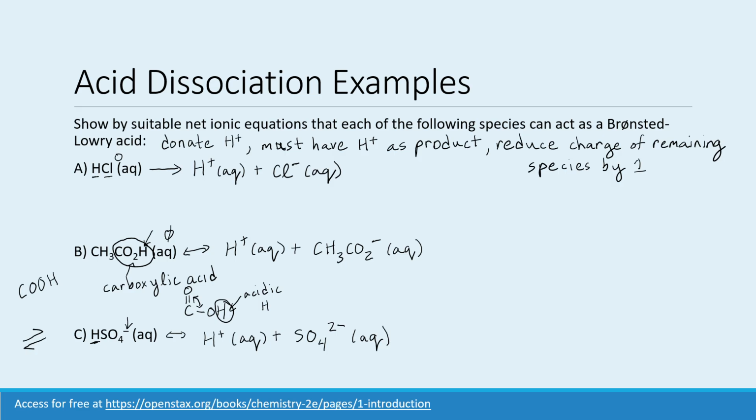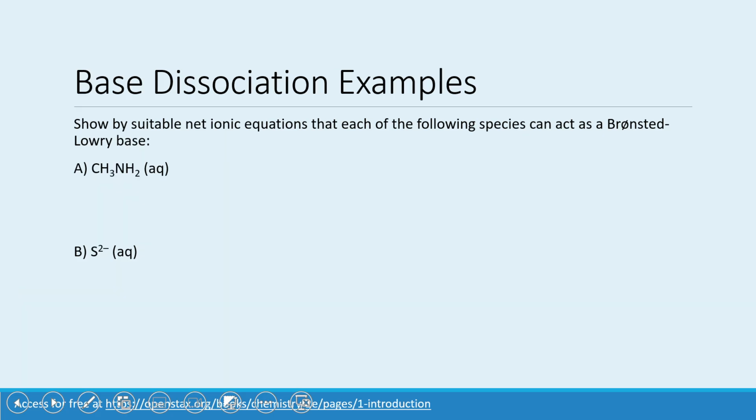Okay. So now we're going to look at the same examples but with bases, so base dissociation. Remember that by definition, bases are going to accept that hydrogen ion. So they're going to accept an H+, which means that if they're accepting it, that hydrogen ion needs to be a reactant.